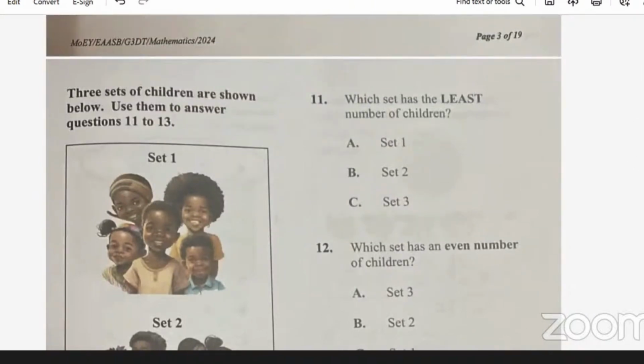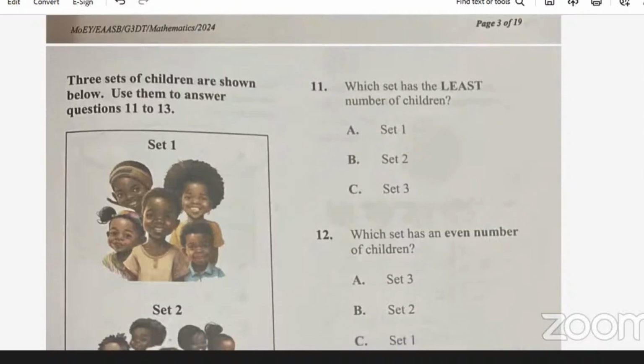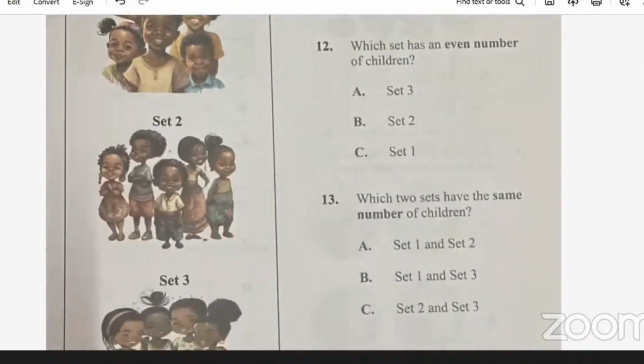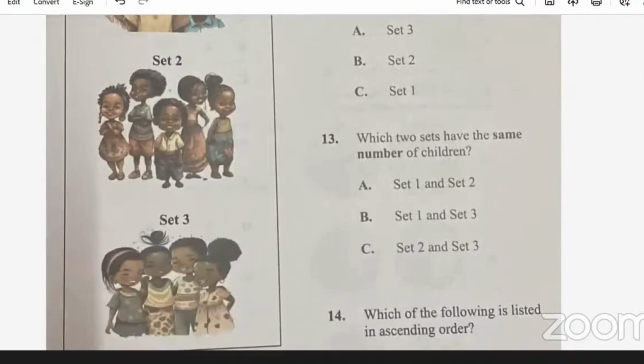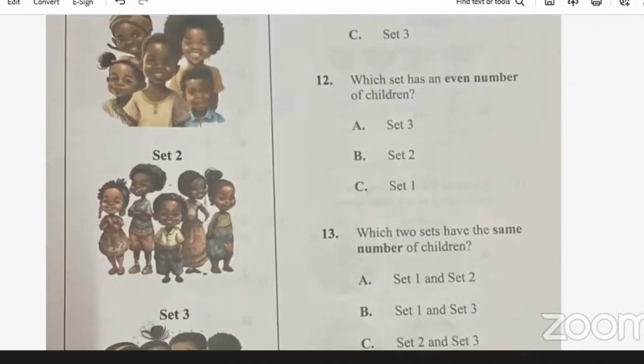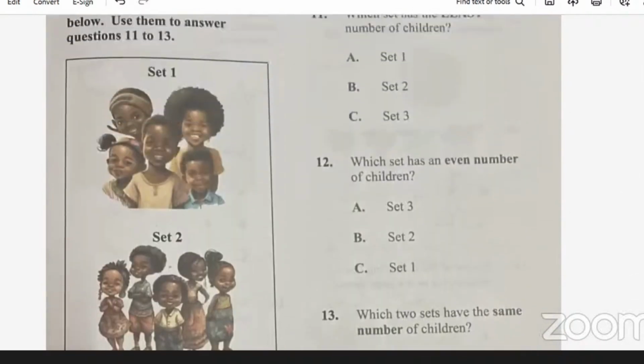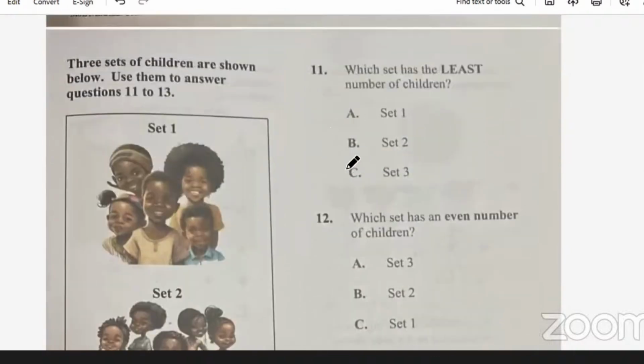Least meaning the smallest number of children. So the first set had 5. Second set also had 5. The set 3 has 4. So that has the least number of children. So for question 11, the answer is set 3. They have 4 children, so that has the least number of children.